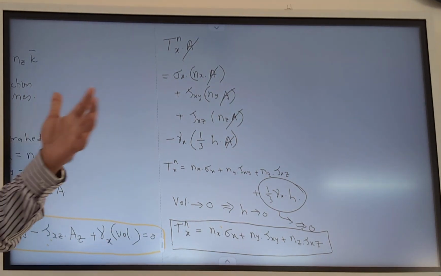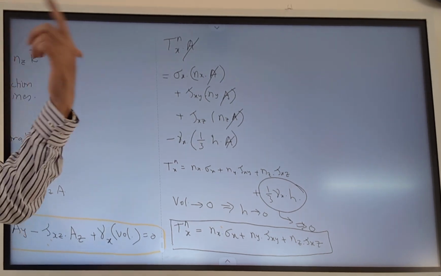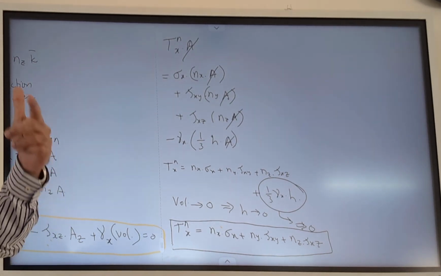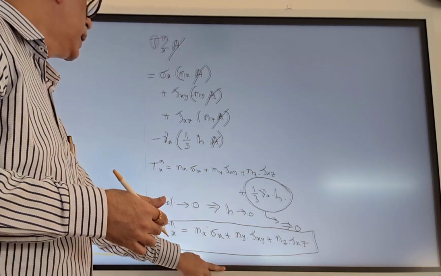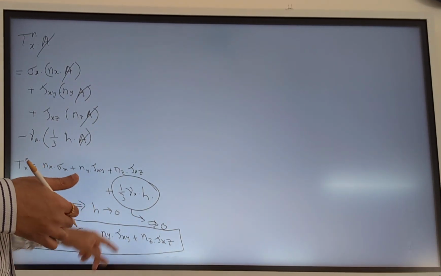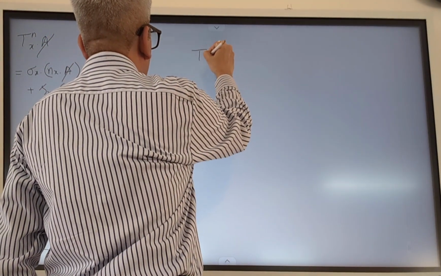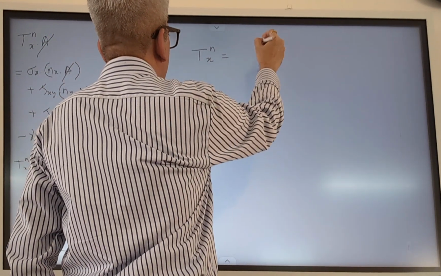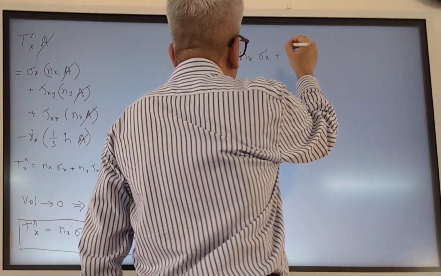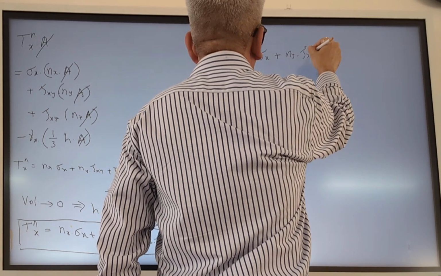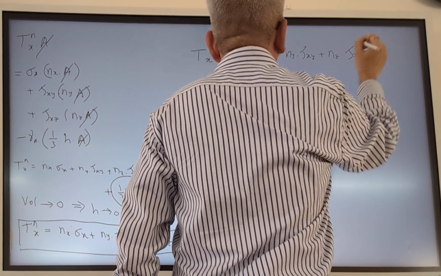Similarly, if you sum up the forces in y direction, you will get the second equation, and if you sum up the forces in z direction, you will get the third equation. That derivation we are not doing here, but you can easily see some pattern here, and you yourself will be able to tell me what the value should be. So I am just repeating the first equation here: nx into sigma x plus ny into tau xy plus nz into tau xz.